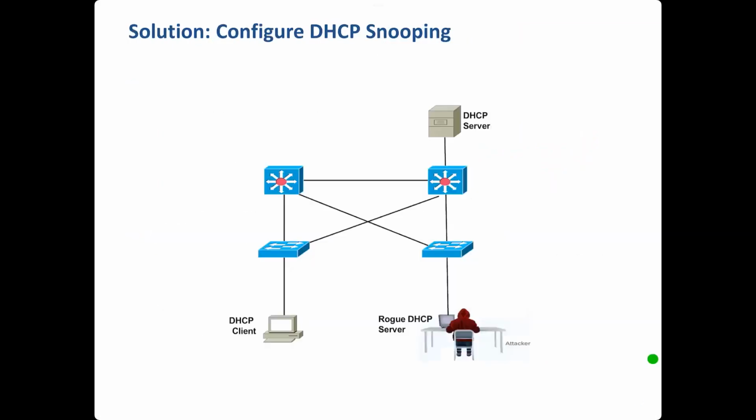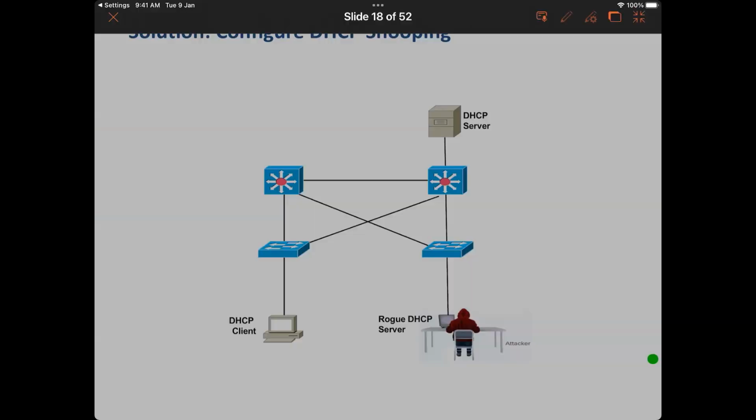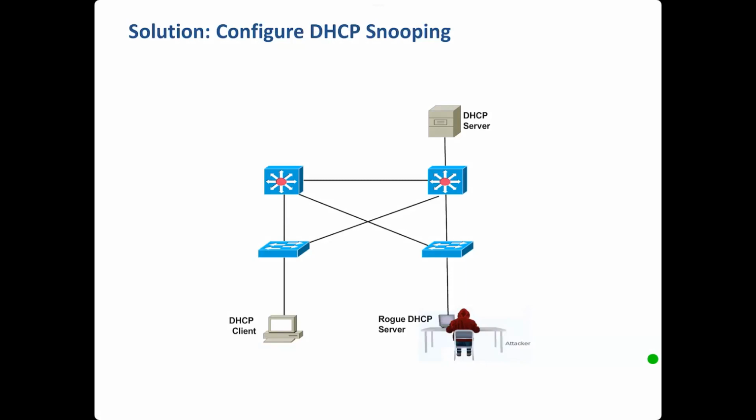Right in the beginning, somebody has connected the DHCP server to this port. So this port is a trusted port. Now from this we can conclude this is a non-trusted port.